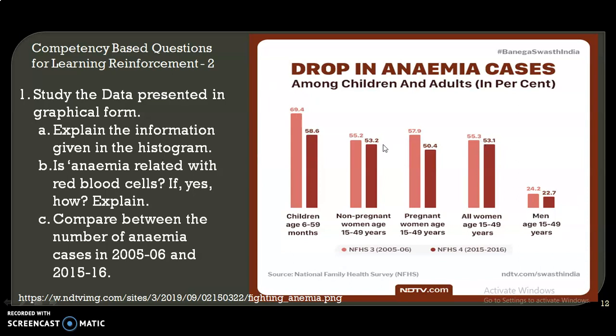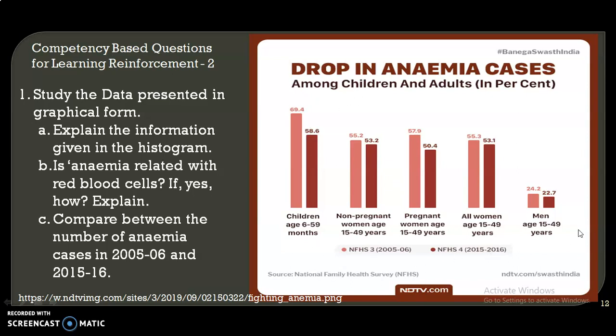You have to look at the percentage data shown in the histogram. The pink colored bars represent 2005-06 and these red colored bars represent 2015 and 16.